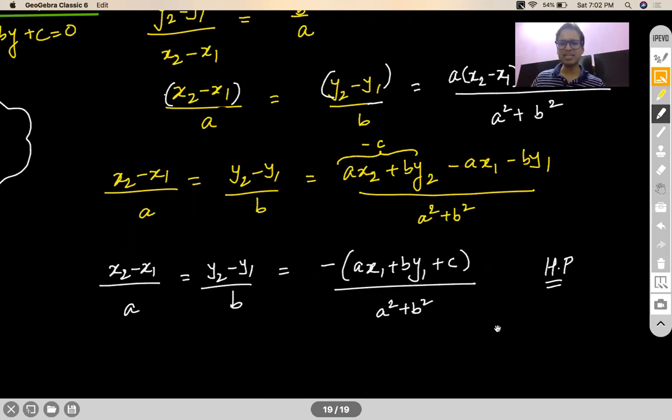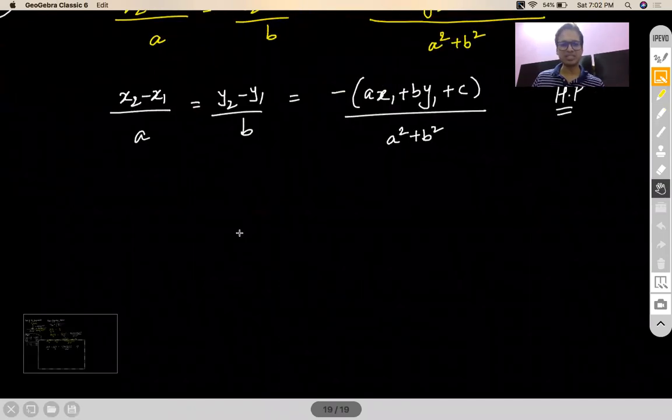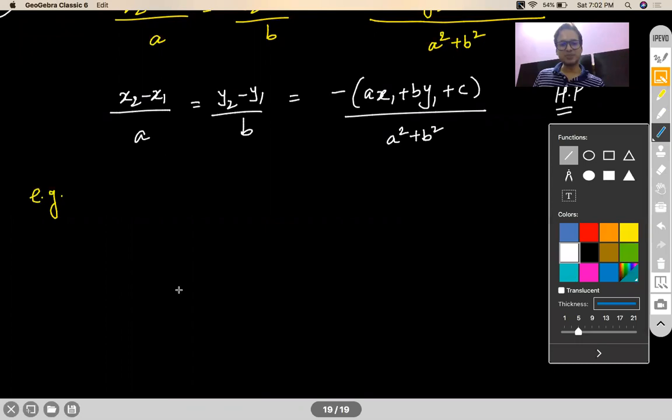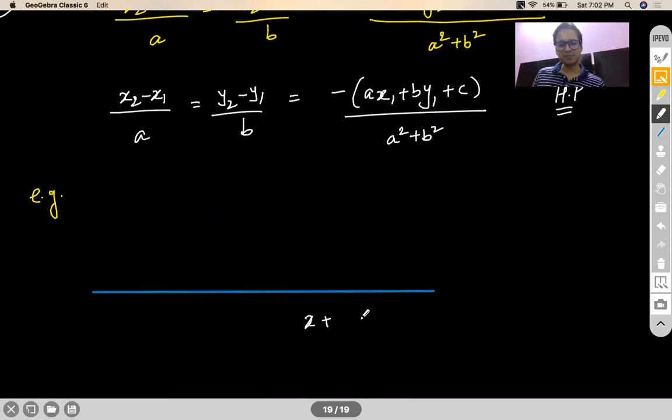Let's take a simple illustration to understand how it works. So let's say I have a line given to me whose equation is x plus y plus 3 equal to 0, and there is a point 1, 1. I want to find out the foot of the perpendicular of this point on this line.